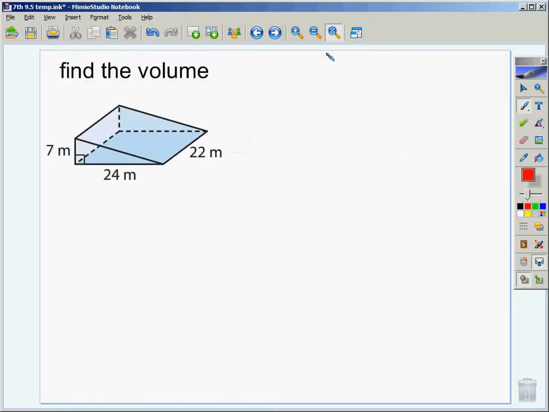Now, I want you to make an effort to draw this shape, and I'm going to tell you how to make an effort to draw it. 3D shapes are hard for some people, and I'm going to tell you they don't have to be. So watch. Notice there's a triangle out here in front. Draw a right triangle on your sheet of paper.